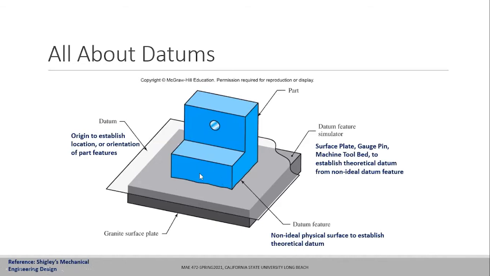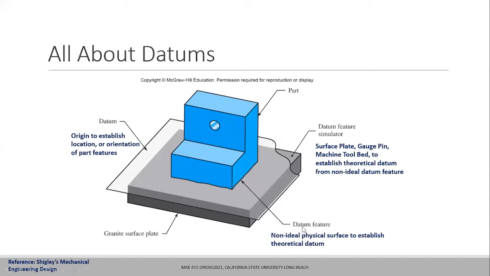Now, how do we establish the datum? We place this object on a surface plate, which is basically a machine with very precise flatness control, or a gauge plane, or machine tool bed, which defines the theoretical datum from the non-ideal datum feature. So let me go back again.